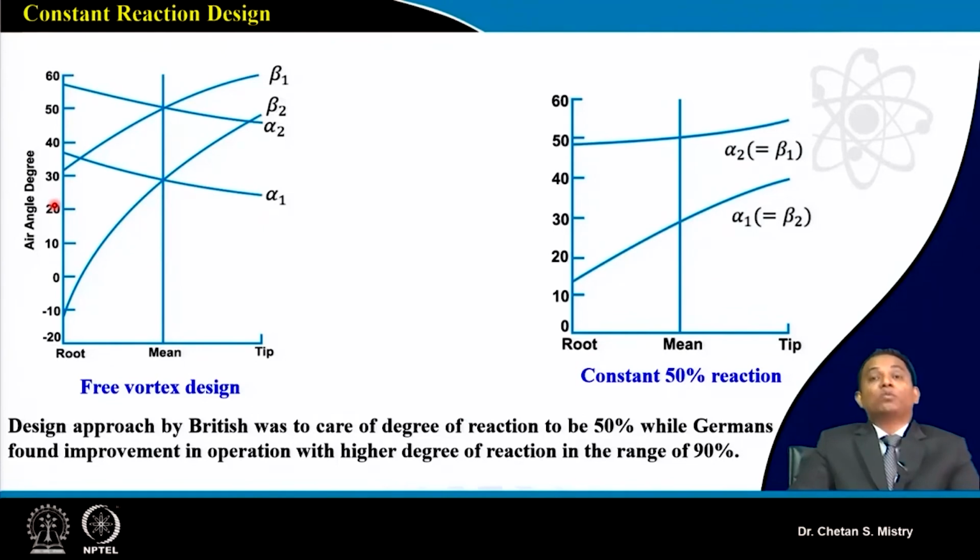That means it needs to do a whole lot of work in that particular region. Suppose I consider my degree of reaction to be lower, say 0, then we have discussed the whole diffusion work will happen inside my stator. So for this kind of configuration, the design for the stator becomes very challenging. A lot of research is going on in order to address the issue that is called hub stall.